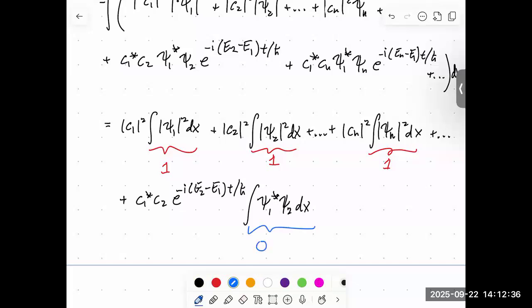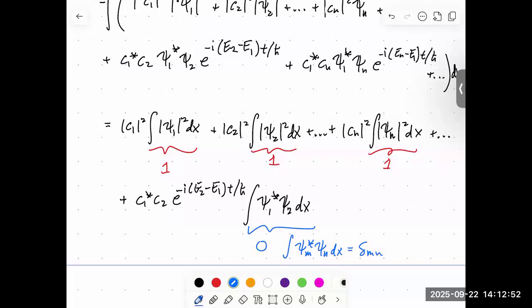Because remember, we had this property that the integral of psi m star psi n dx was equal to delta mn. So this little expression is very important.